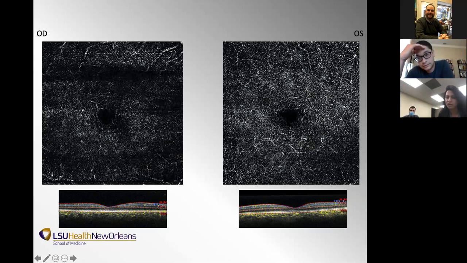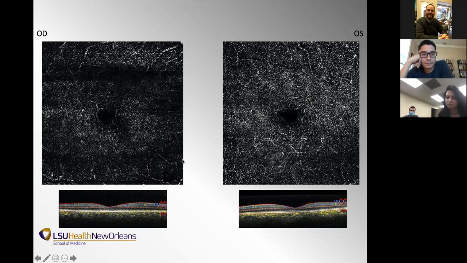This is the foveal avascular zone, as we all know. And around the foveal avascular zone, these vessels should not be squiggly like this. So these are all telangiectatic vessels, what you see around the fovea. Similarly over here.